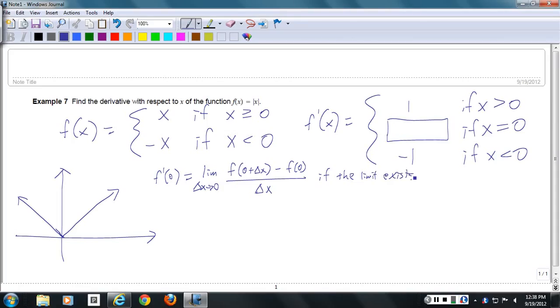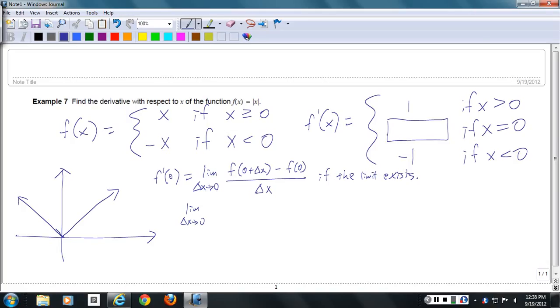And what we'll see is that it's not going to exist. So to evaluate this, I'm going to simplify a little bit, and then we'll see that we need to consider the two one-sided limits as delta x approaches 0 from the left and as delta x approaches 0 from the right.